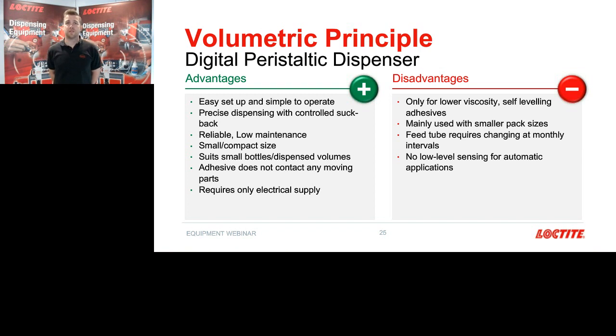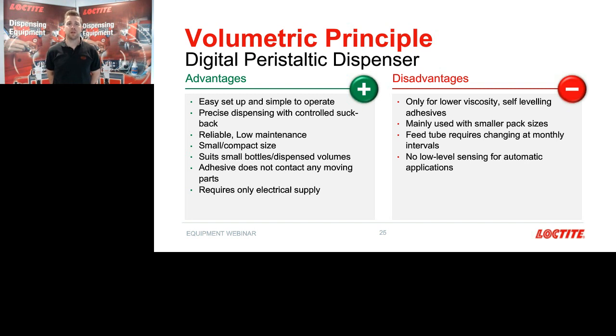Some advantages and disadvantages of this unit. So firstly, the advantages are that the unit's very, very easy to set up and very simple to operate. So you saw just from the video that it's very easy to change the parameters. And something that wasn't mentioned in the video, and something that's important to understand, is that this unit's got a program functionality on it.